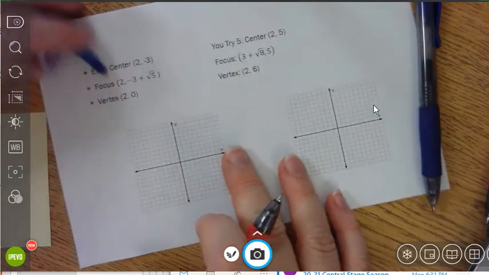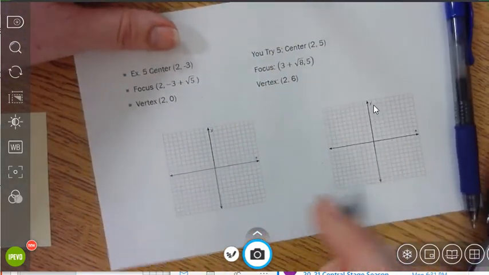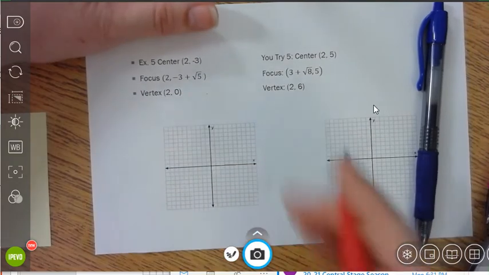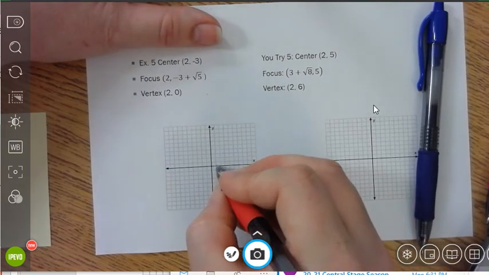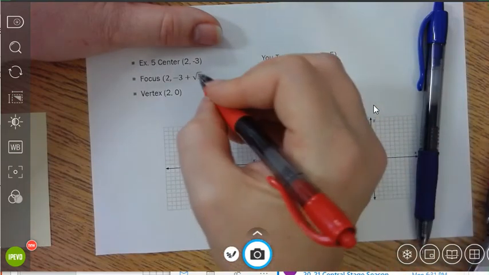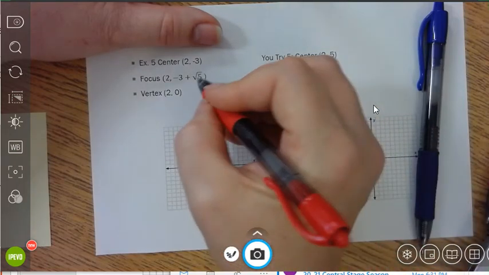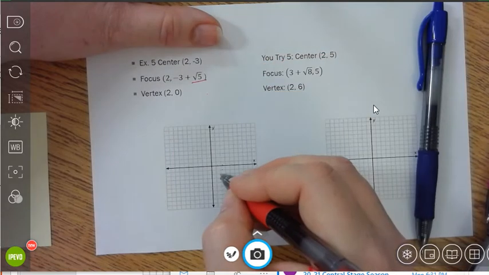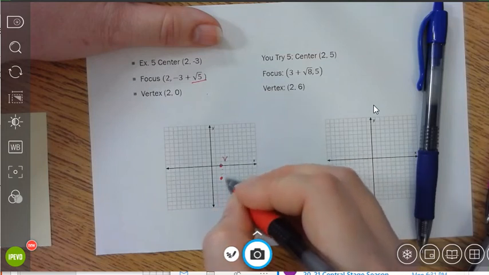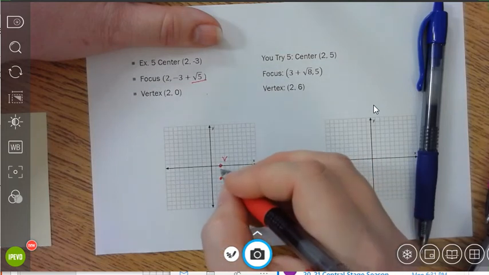That's that example. One more example so I don't have to go running around. These are the hardest ones, okay? By all means, this is your challenge. So the center is at 2, negative 3. And notice this says plus the square root of 5. That's the focus. And a vertex is at 2, 0. Out 2, up 0. This is a vertex. This is the center.